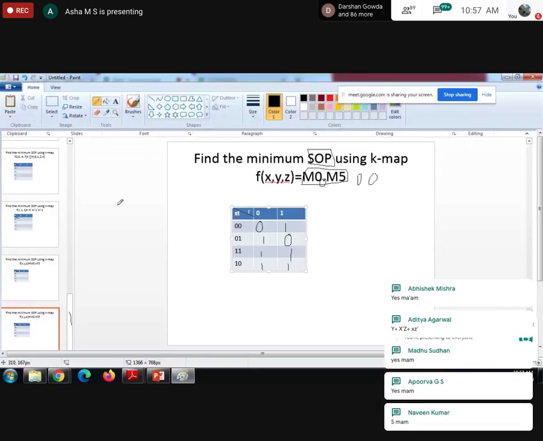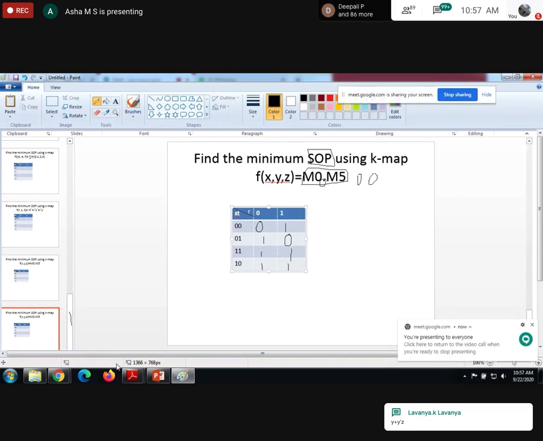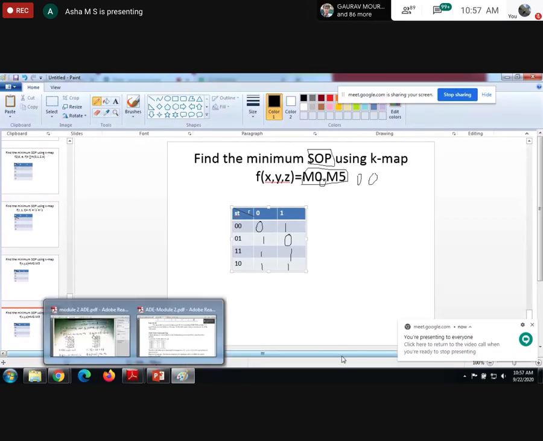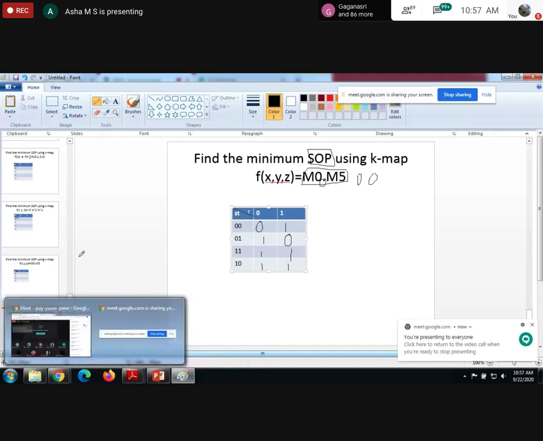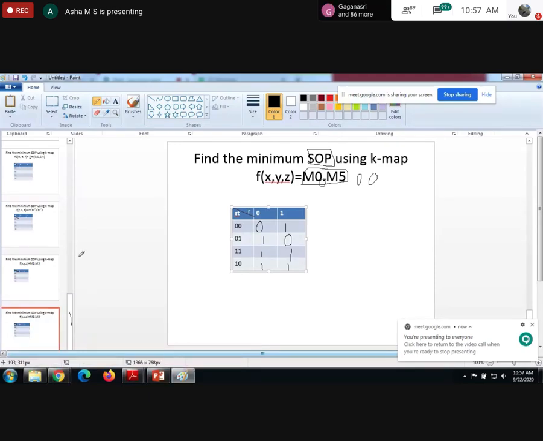The next question is not there here. I will dictate, write down fast. Find the minimum SOP expression for each function.